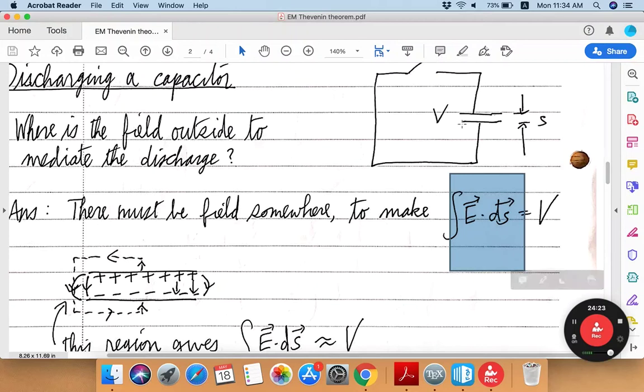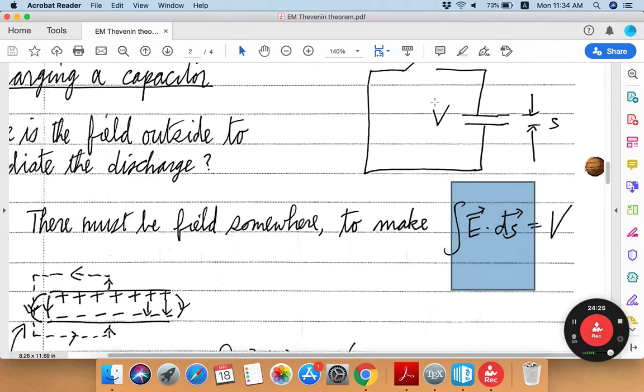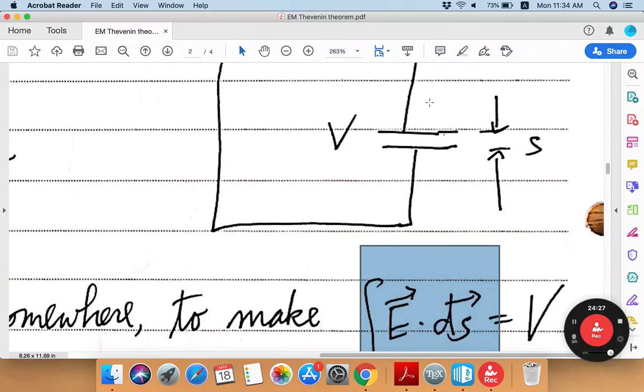And this cannot be done unless there is some electric field somewhere on the outside of the capacitor. First of all, the usual notion that the electric field is entirely confined between the plates is only true if the capacitor plates were infinitely big.